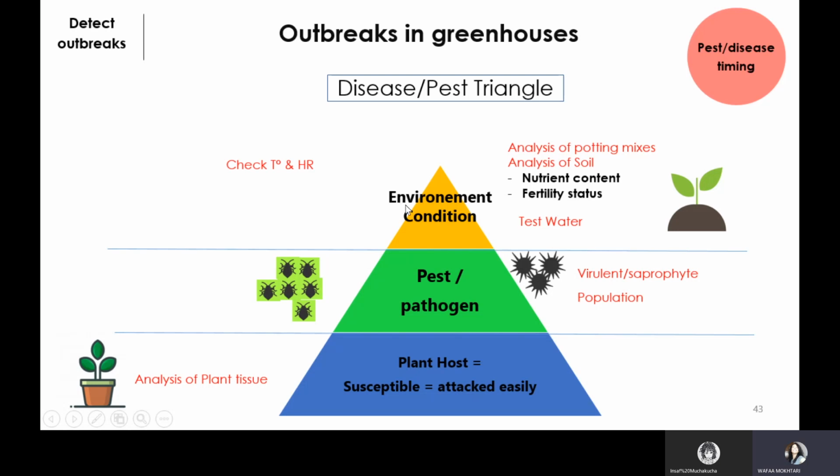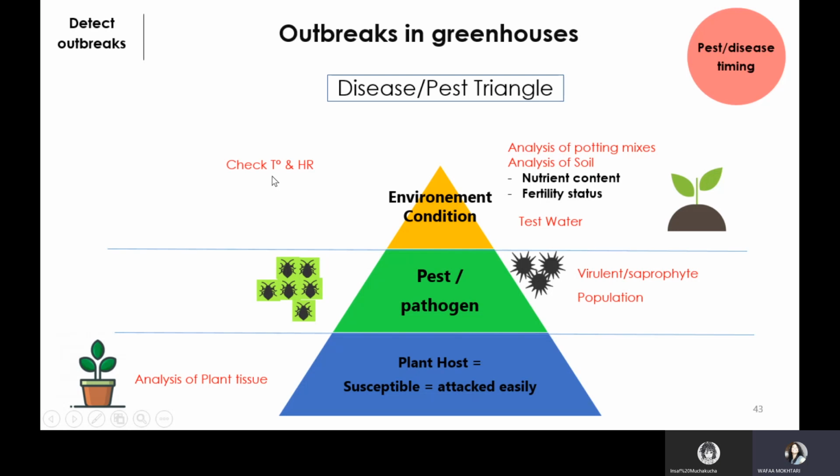Okay? The environmental condition is one of the parts of the disease and pest triangle. If you do some analysis of, for example, potting mixes and soil, like nutrient content, you check that the soil is fertile enough, the water is good enough and free from pathogens, okay? There is no moisture, okay?